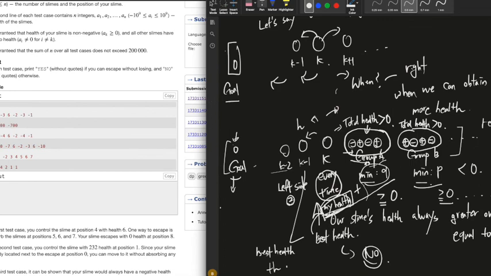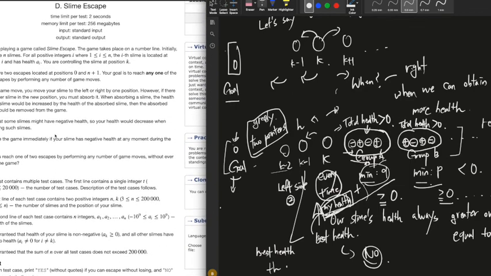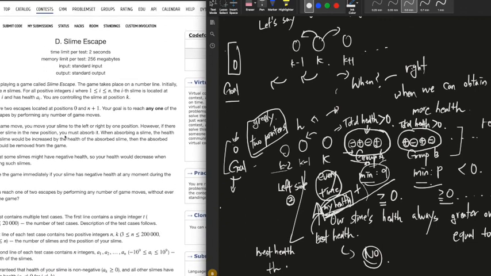During finding the solution, we can use greedy and two pointers as a technical way. Yeah, that's it for slime escape. Thanks.